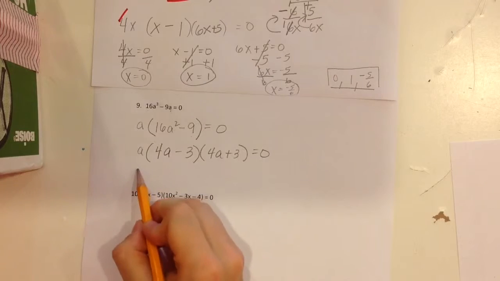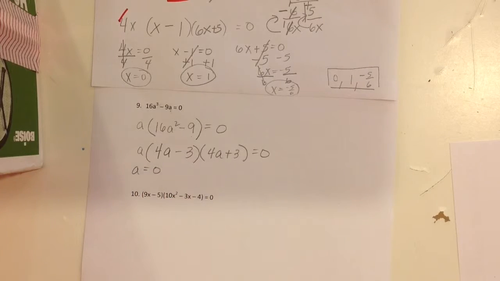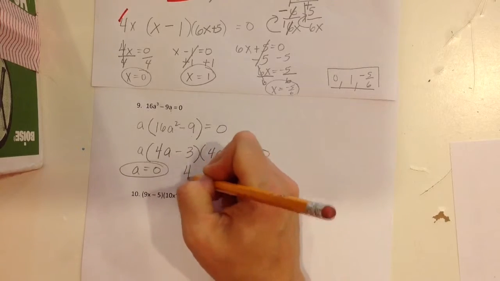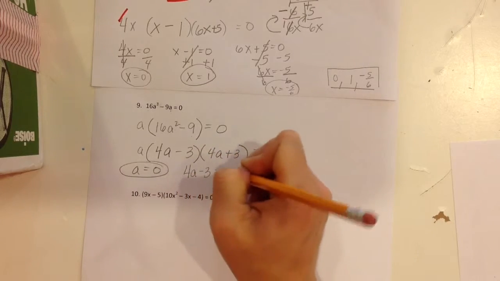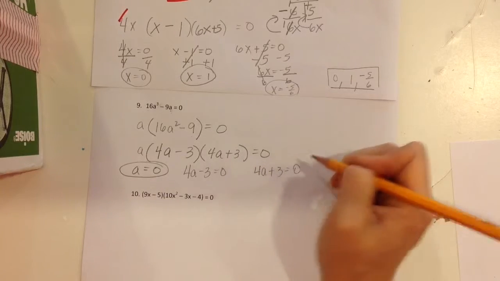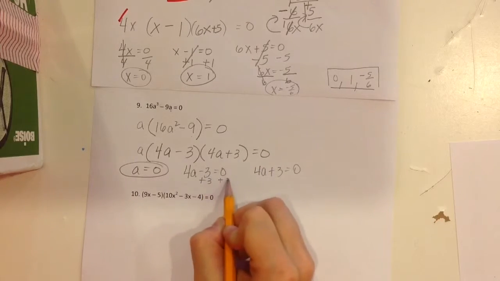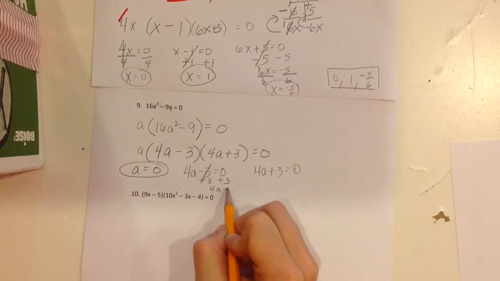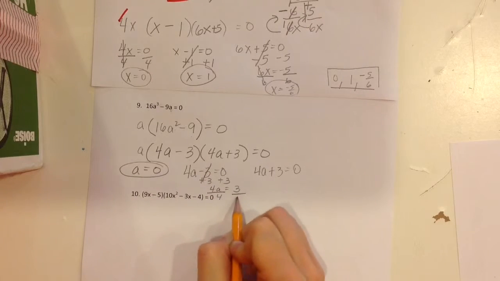Now I'm going to set each factor equal to 0. The first factor is a, and that's already solved. I'm going to set the second factor equal to 0 and the third factor equal to 0. So I'm going to add 3 to both sides and divide by 4.